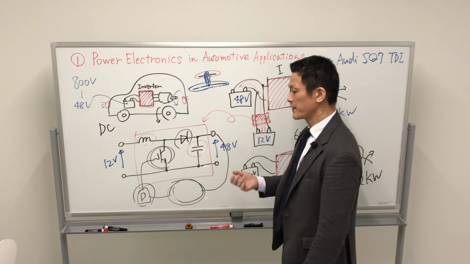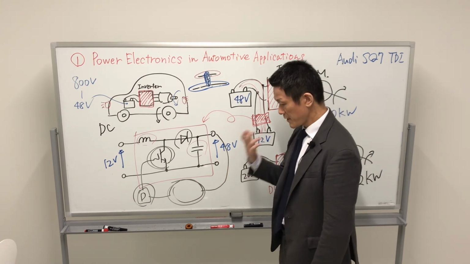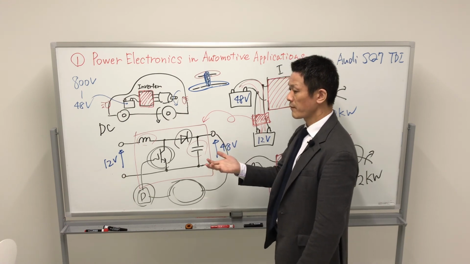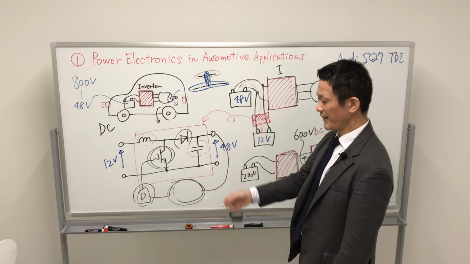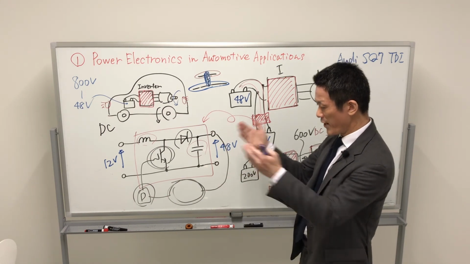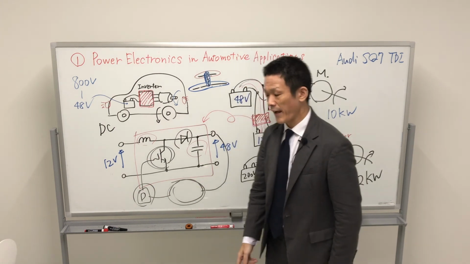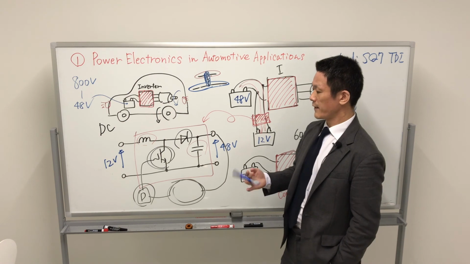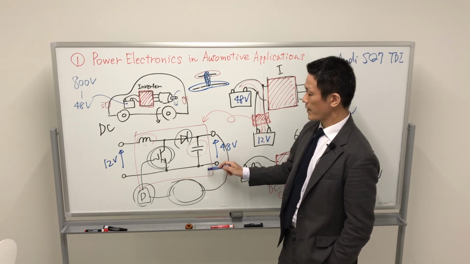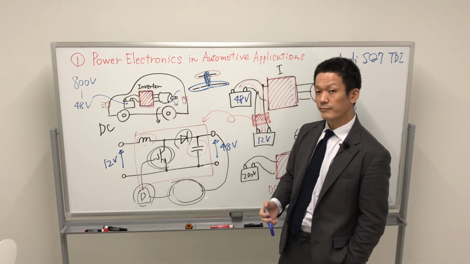You must support many people, and you must support the human future. This is our real target, this lecture's target. In the next lecture, please study this power circuit. Okay, see you.